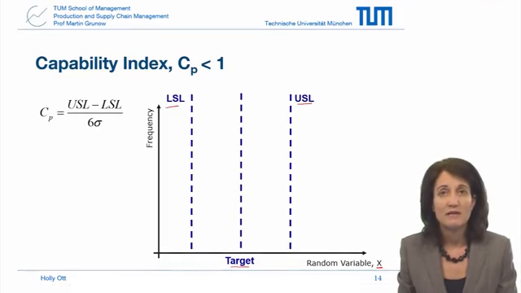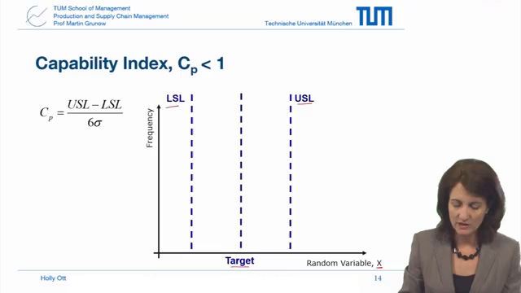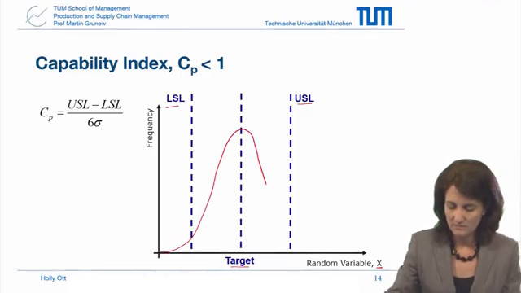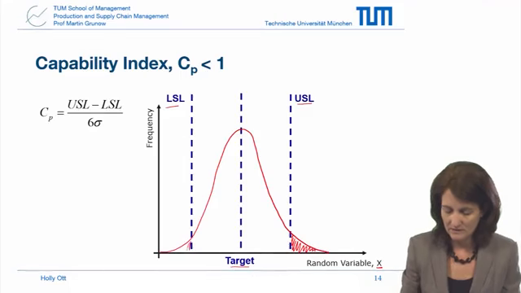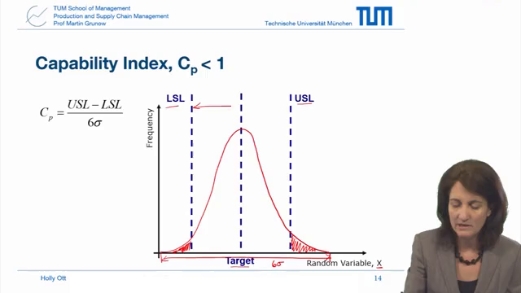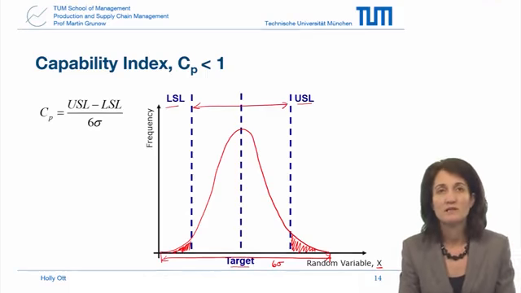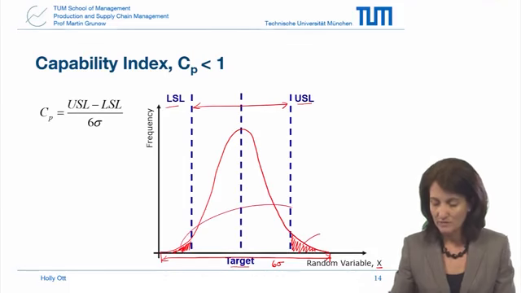So for example, if CP is less than 1, with a centered process, we would see that the natural variation of the process, which is 6 sigma, is greater than the upper spec limit minus the lower spec limit. And in this case, we would have a CP less than 1, which means, of course, we have parts that are out of spec.